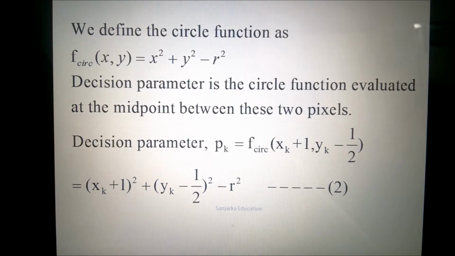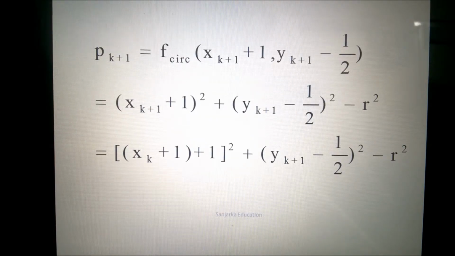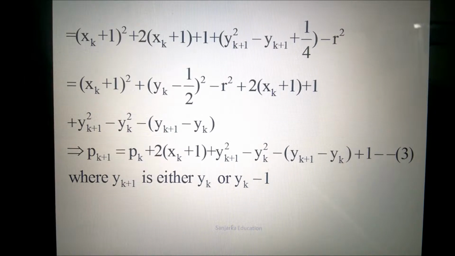And if we substitute that value, we find the pk, and then we are substituting pk by k plus 1. That is the next decision parameter. And then if we simplify it, we'll get this expression for pk plus 1.